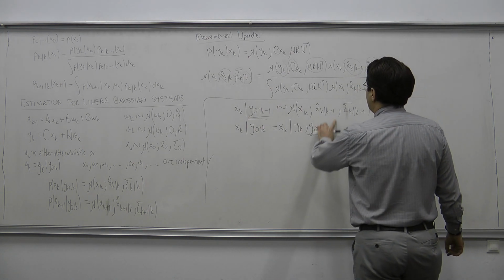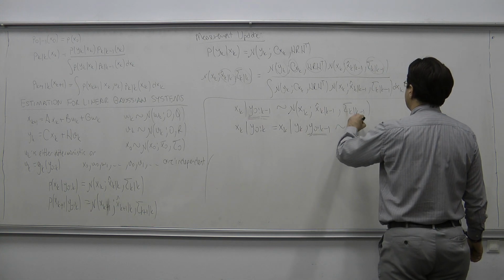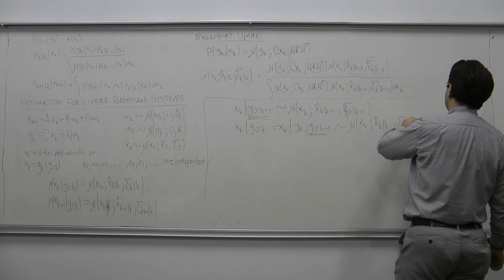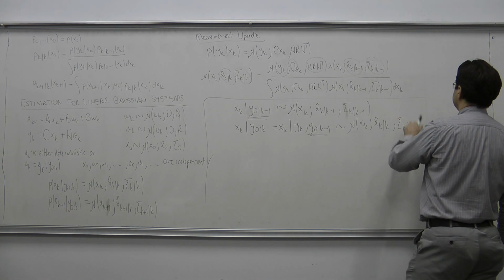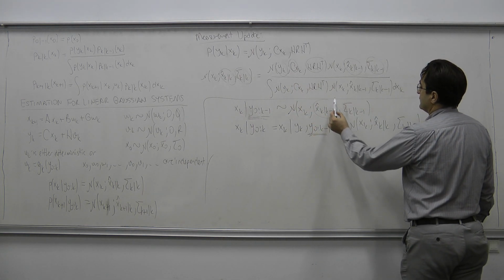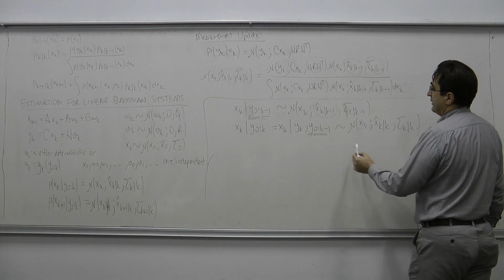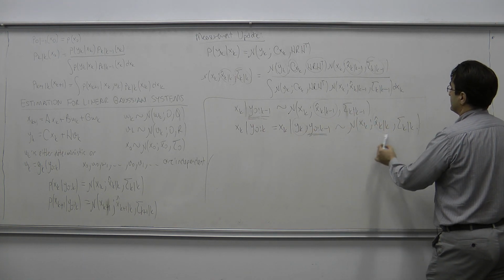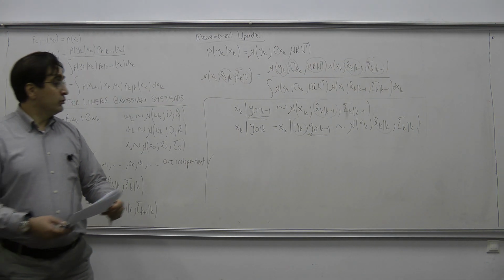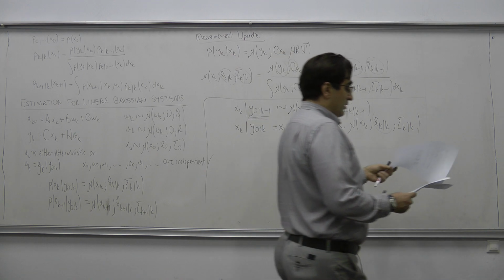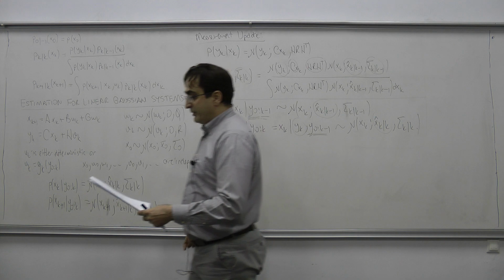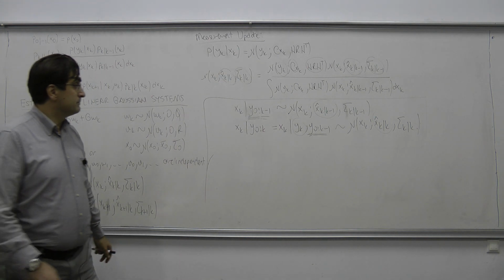So I need to calculate here normal with mean x at k given k, and covariance sigma k given k. Okay? So I need to derive it from this mean and covariance and this measurement, this mean and covariance here. And we are going to use the common conditional Gaussian update formulas in order to do that.